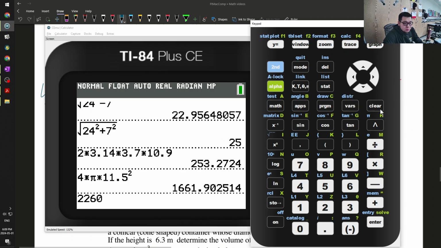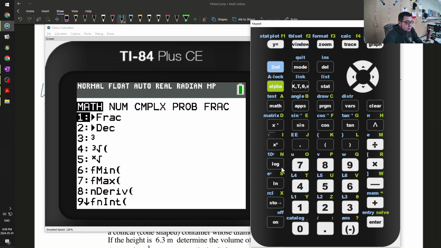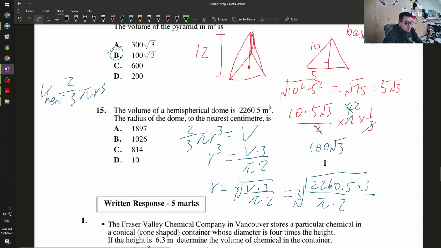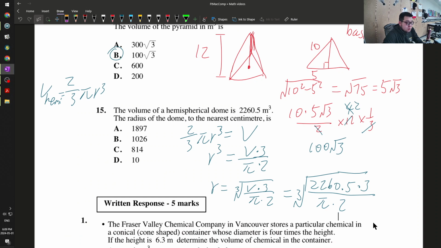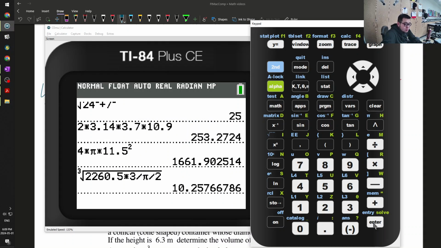2260, oops. Let's just use our calculator for everything. The cube root of 2260.5 times 3 divided by pi divided by 2 gives 10.25, so 10.